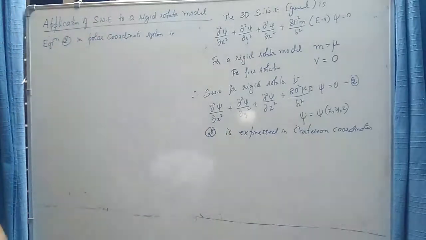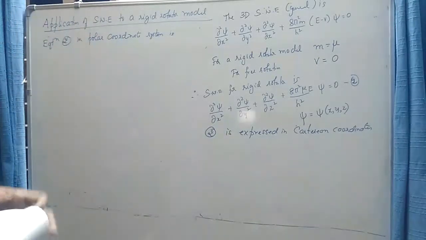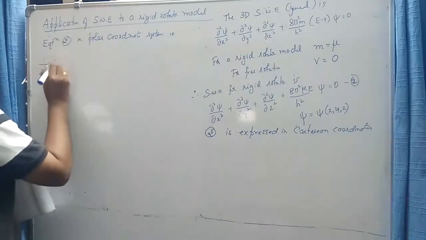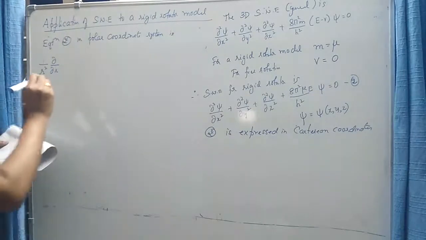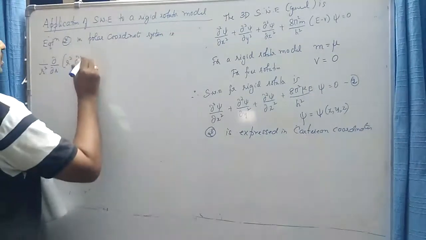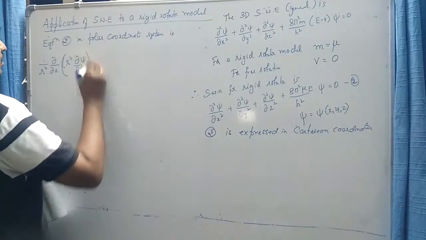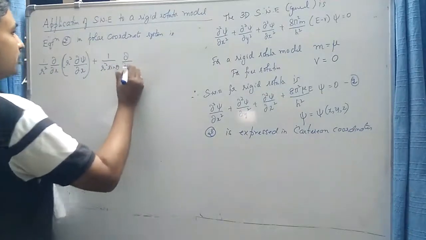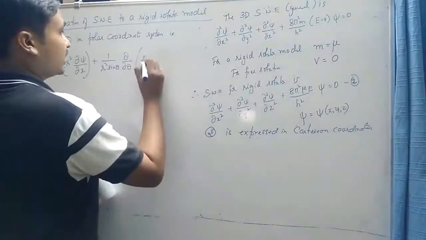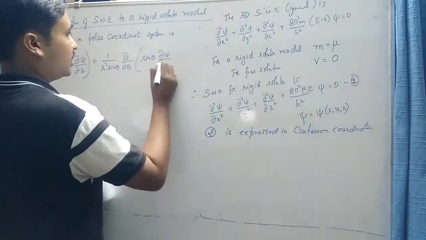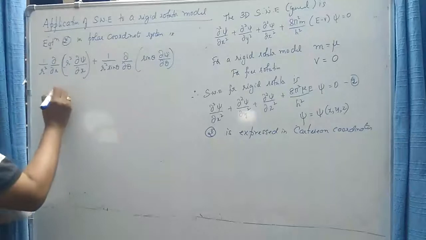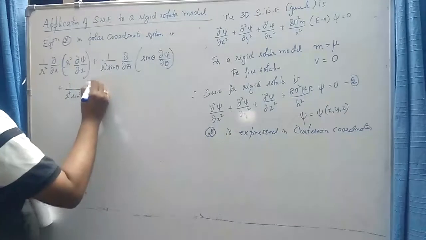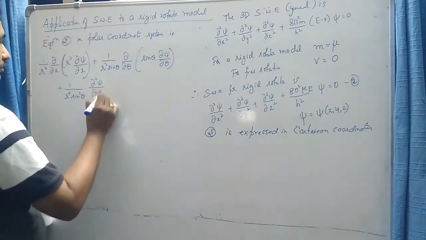We will avoid all those mathematical steps. We will directly write the final result, which unfortunately you have to memorize. The expression is 1 by r square into dou by dou r of r square dou psi by dou r, plus 1 by r square sin theta into dou by dou theta of sin theta into dou psi by dou theta, plus 1 by r square sin square theta into dou square psi by dou phi square.